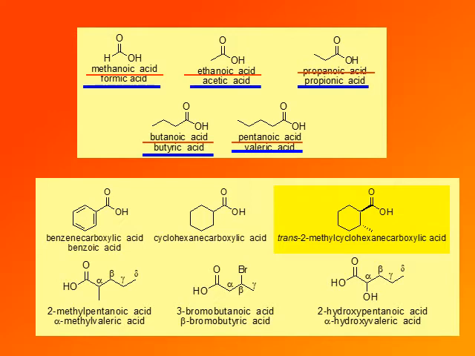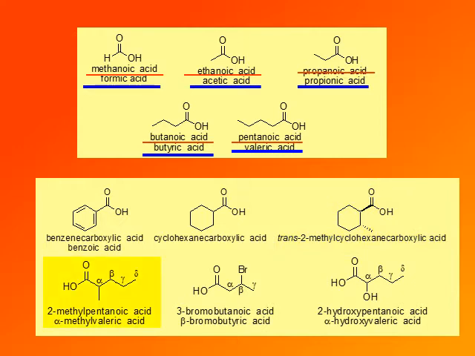So this compound is trans 2-methyl cyclohexane carboxylic acid. If you mastered already the nomenclature of aldehydes and ketones, this corresponds to the nomenclature of aldehydes and is simply an extension of it, so it should be easy for you. If not, make sure that you go back and really learn the nomenclature of aldehydes.